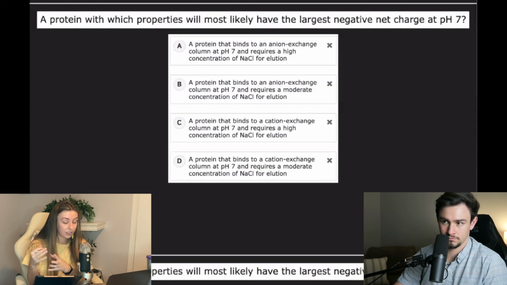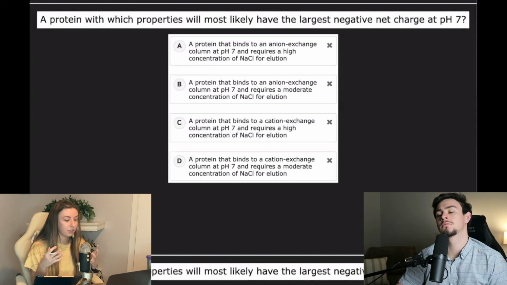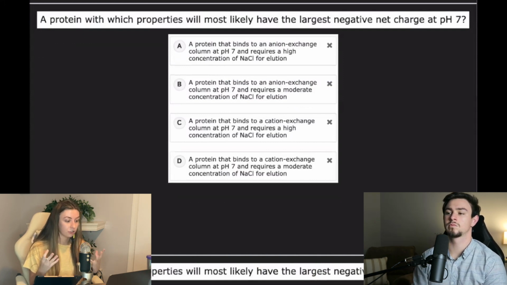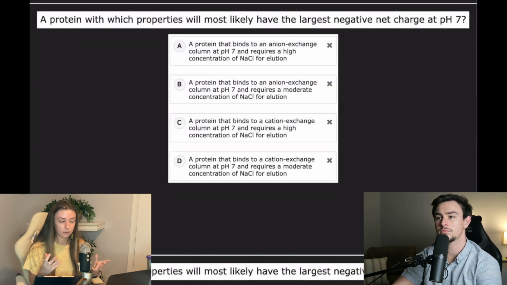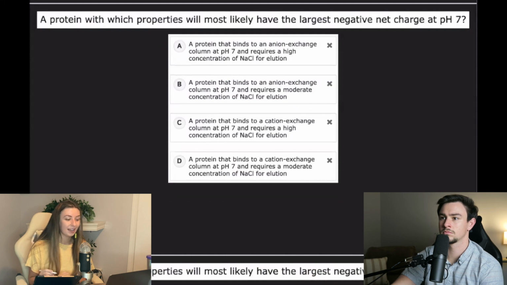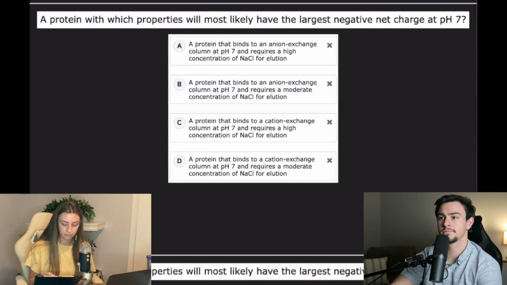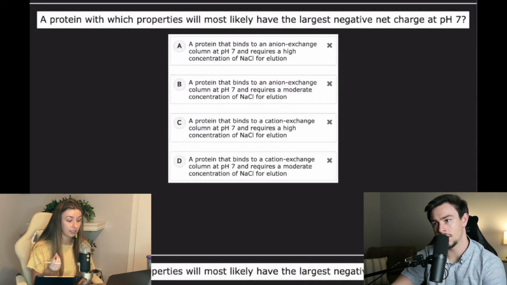All right, I'll take this. A protein with which properties will most likely have the largest negative net charge at pH 7? Okay, we got a protein, and we're looking for a large negative net charge. Let's see. A says a protein that binds to an anion exchange column at pH 7.